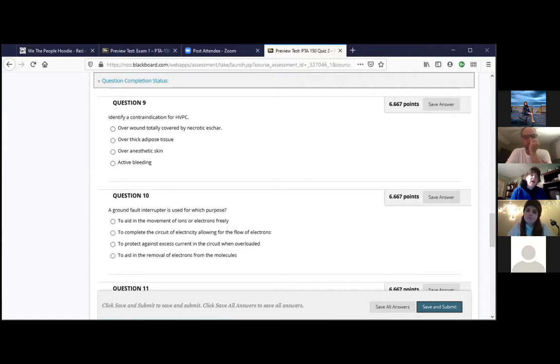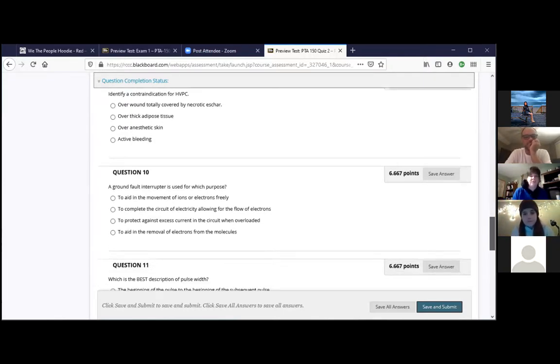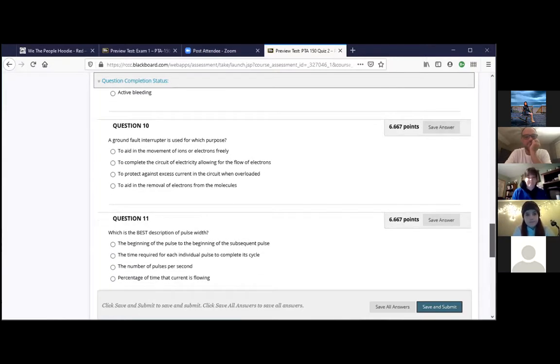Over anesthetic skin, you've got to be careful with it, but you can still do it. Over thick adipose tissue, why might that not be a great choice, but it's not necessarily a contraindication? Because it's an insulator. It is. It's an insulator. They may not feel it. You can crank it up till the cows come home, and they may not get what you're really wanting to get. And then that wound totally covered by the eschar, it's not a contraindication, but it is a precaution.